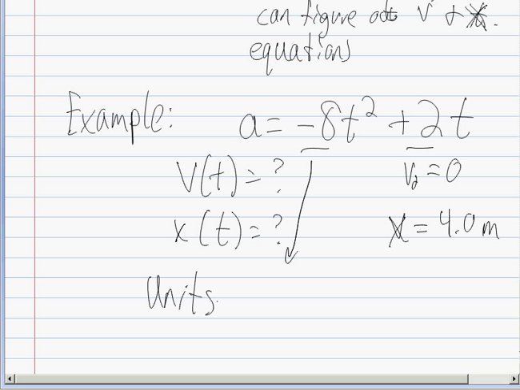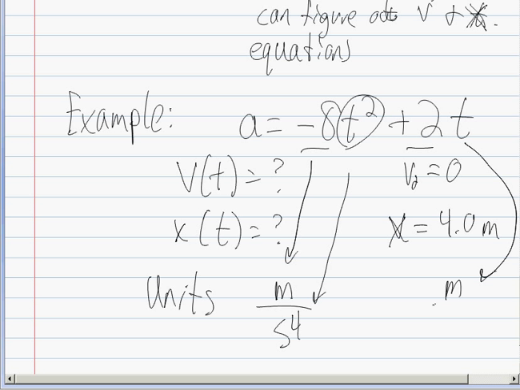So it has to have meters, but it has to be seconds to the fourth, because when I multiply it times t squared, I need to get meters per second squared. This unit is going to be meters per second cubed, because only one time is going to be divided away. So just in case you're curious.